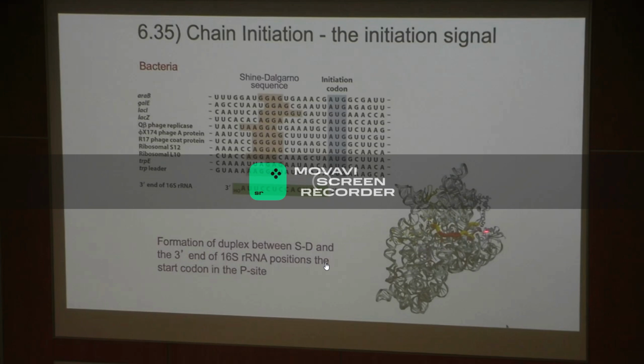And so here we see a little fragment of a messenger RNA bound to the ribosome. And remember, there's this groove between the head and the body of this 30S subunit, and the messenger RNA resides in that groove.